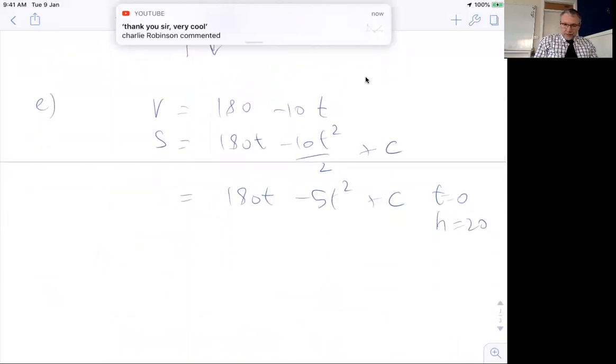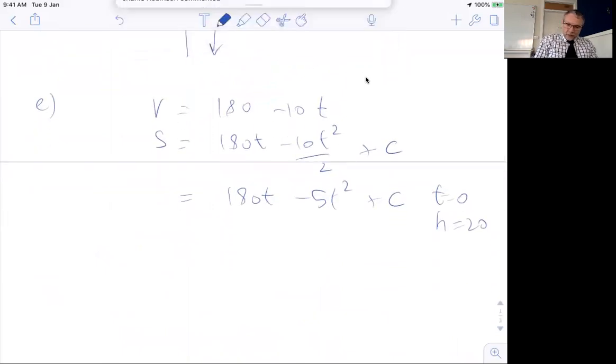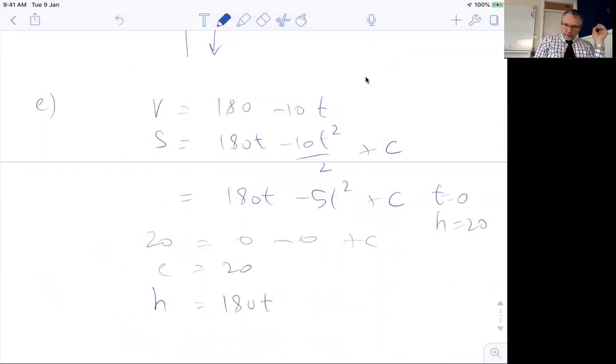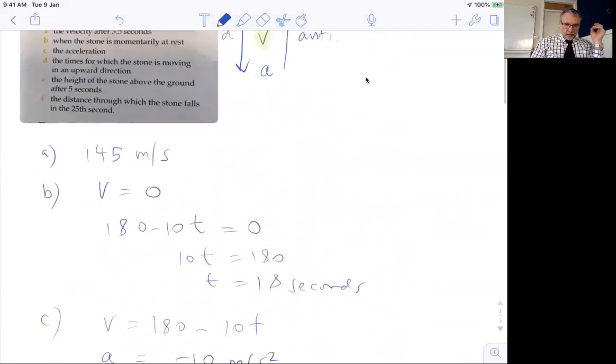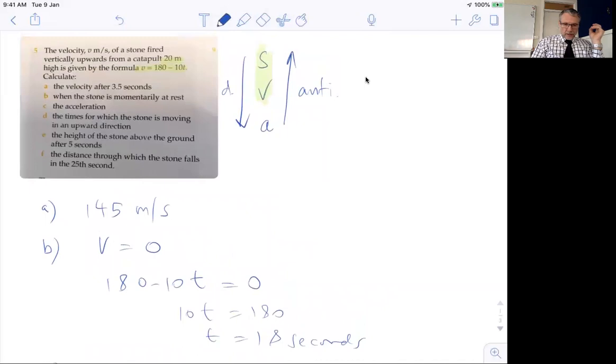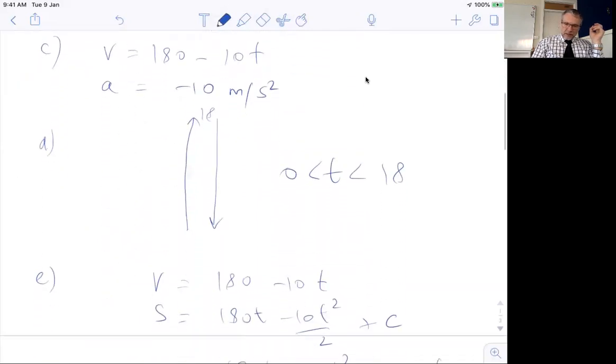Substituting all of that in, 20 is equal to 0 minus 0 plus C. C is equal to 20. And the equation for the height, you can use either h or s, is equal to 180t minus 5t squared plus 20.